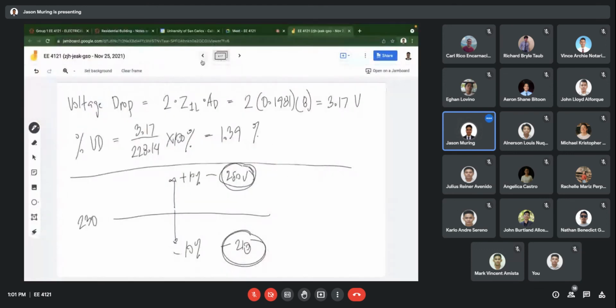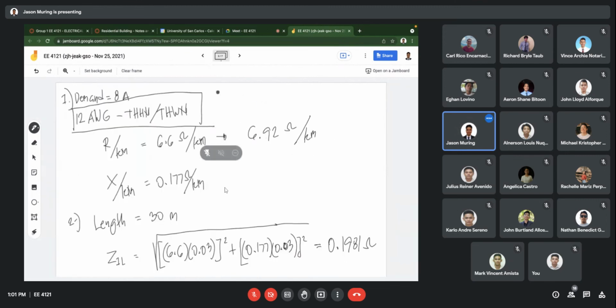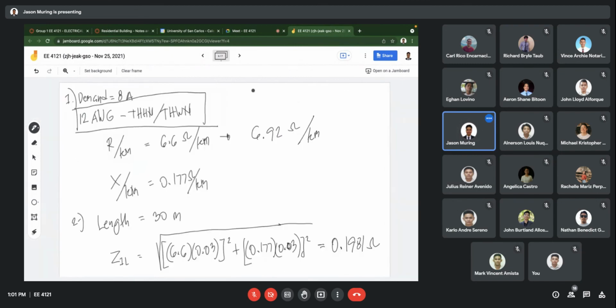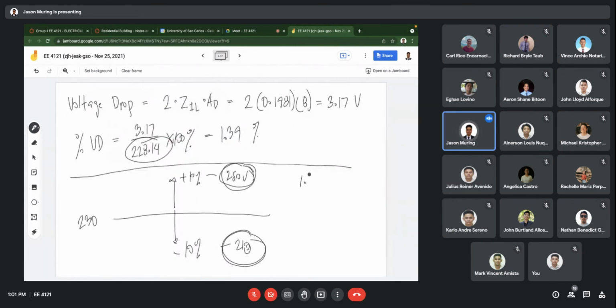So our reference now is 228.14. If we are going to use this formula, supposedly the voltage from the feeder is 1.86, so 1.86 plus this voltage drop of 3.17 over 230.